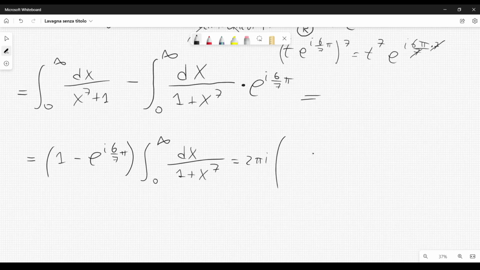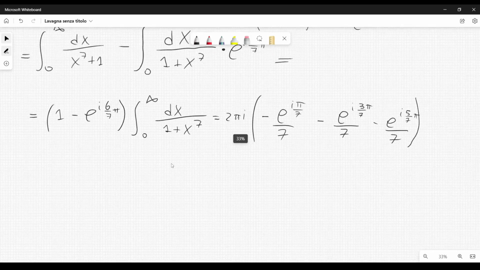So we have the residue of the function f evaluated at the point e to the i pi over 7, that's just the first root that we called x0, and we have minus e to the i pi over 7 divided by 7, then we have minus e to the i 3 pi over 7 divided by 7, minus e to the i 5/7 pi divided by 7.